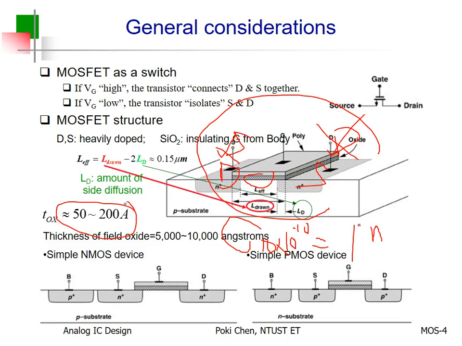A few layers of atoms. Only a few layers. Wow. So it is quite weak in structure. For example, if you have only 4 atoms in thickness, for the bonding, if anything goes wrong and you lose 1 atom, it means the robustness of the silicon dioxide will be reduced by 25%.